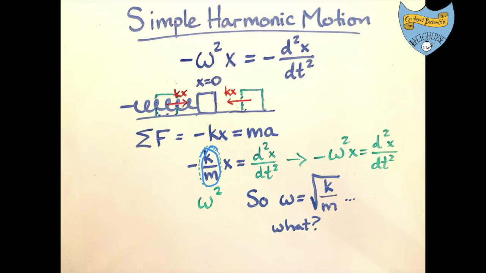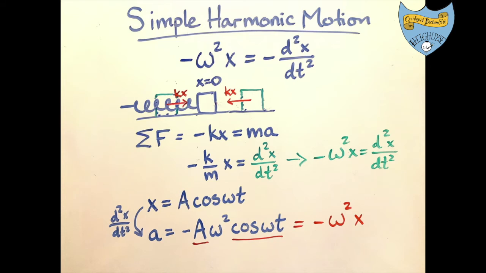Also, remember, whatever is between the negative sign and the x is not omega, but omega squared, which is why we're saying that omega is the square root of k over m for an oscillating spring. In fact, whether it's oscillating horizontally or vertically.